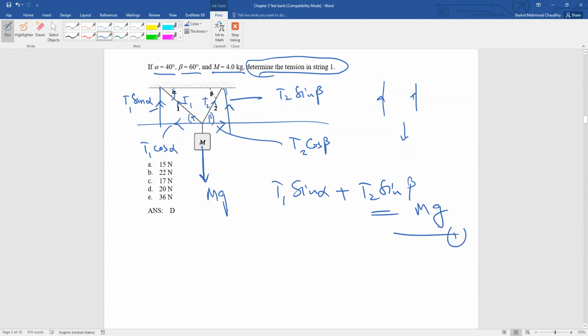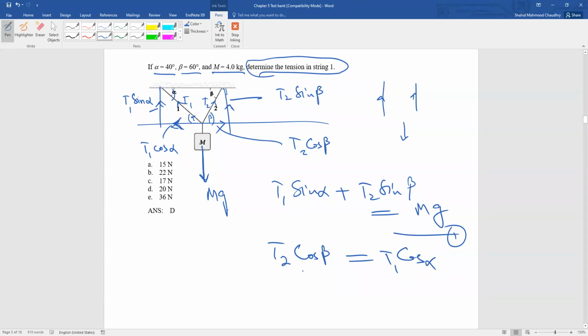This is the first equation. Similarly, you can write the second equation along the x-axis. This is the negative x-axis, this is the positive x-axis, so they are equal. So T2 cos of beta is equal to T1 cos of alpha.